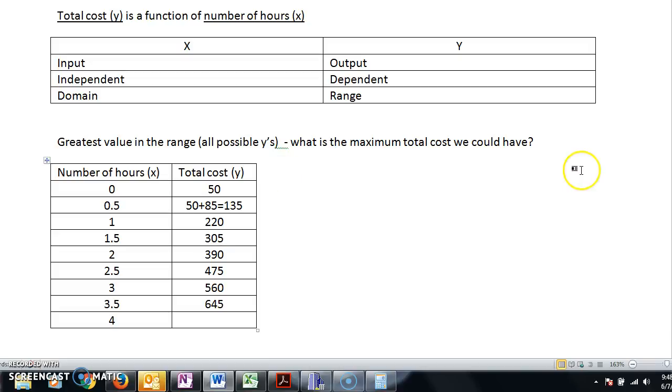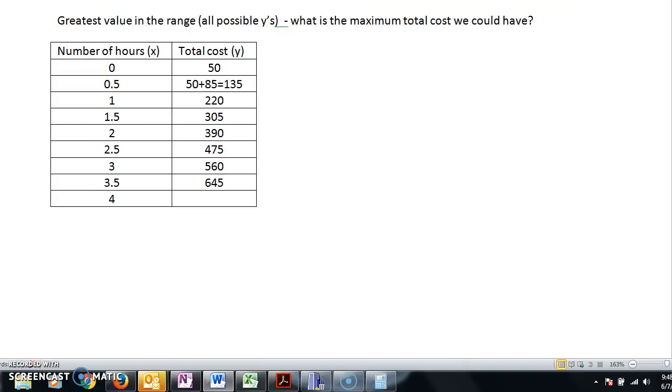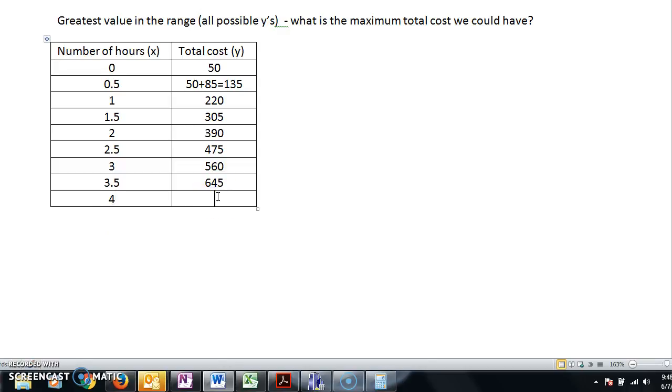And then finally, this problem says you're only allowed to rent this place up to 4 hours. After 4 hours, you can't rent it any longer. So that's going to tell me the maximum total cost after 4 hours. So add another 85 bucks, 730. So the answer to this question is $730.